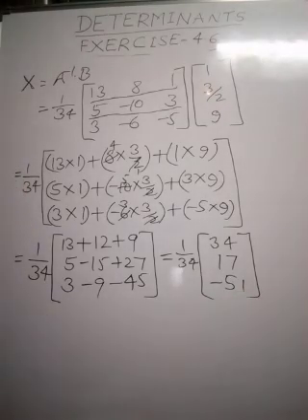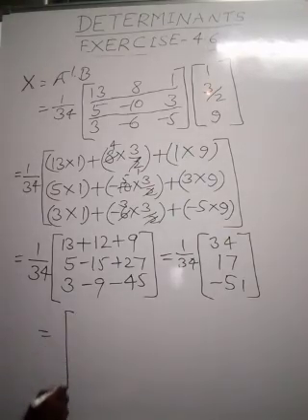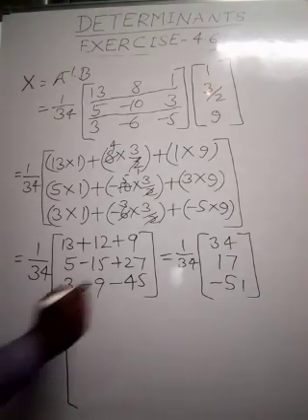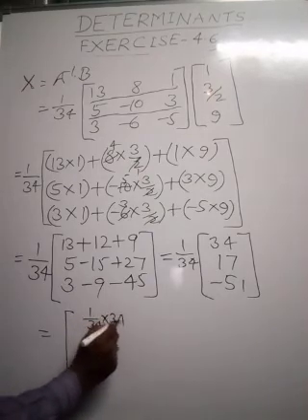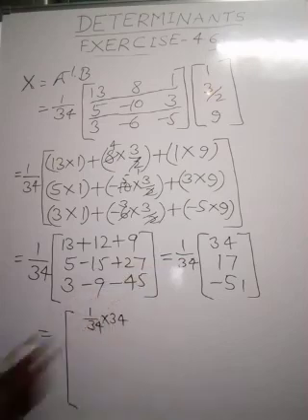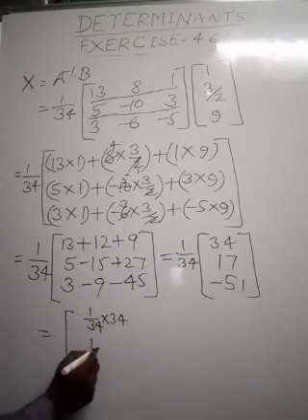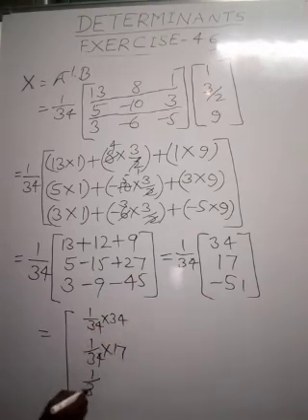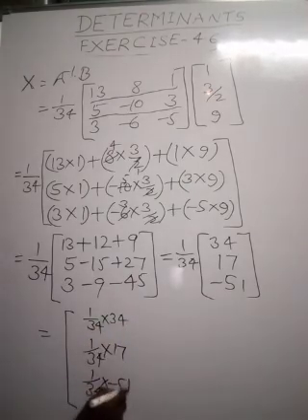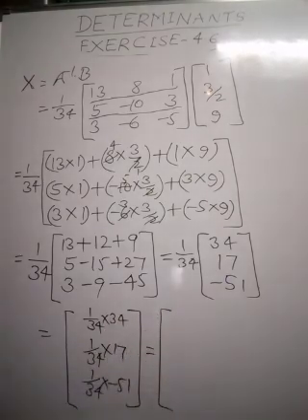Okay, my children. Now, scalar multiplication, that is equal to 1 by 34 into 34. We multiply every element of this matrix by 1 by 34: 1 by 34 into 17, 1 by 34 into minus 51. Understood, my dear children?